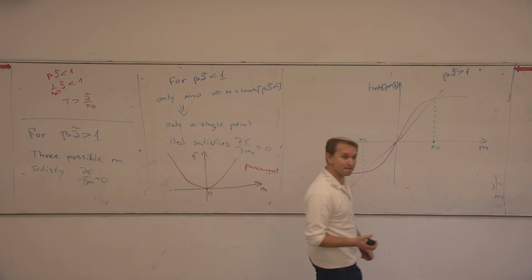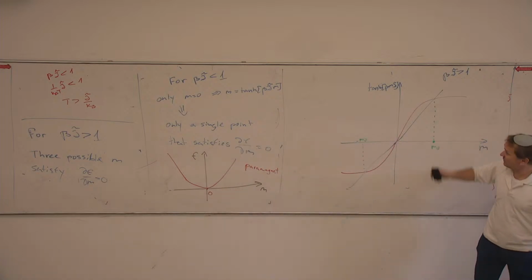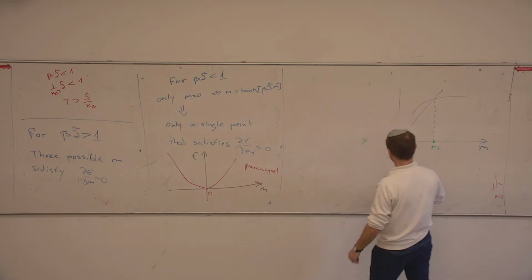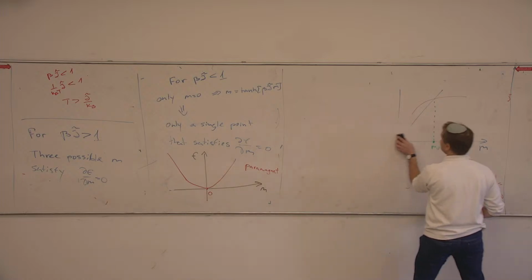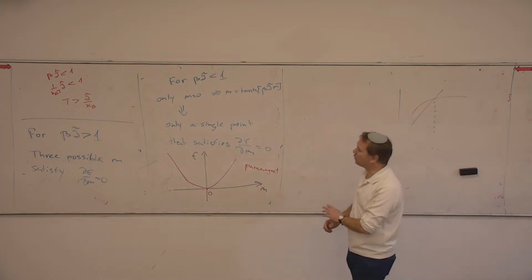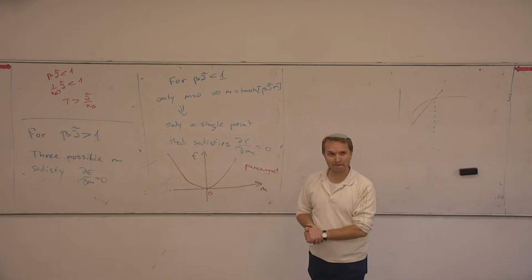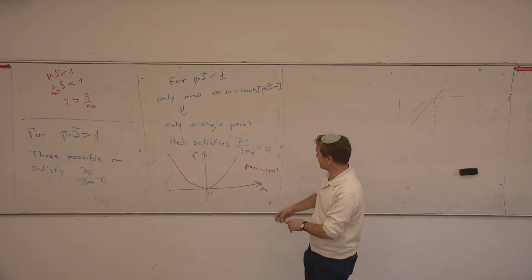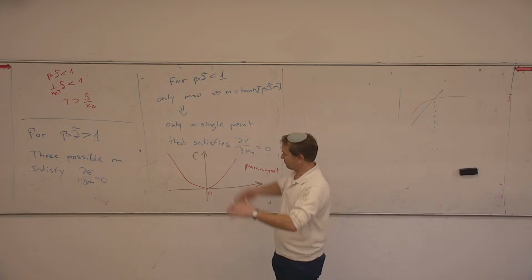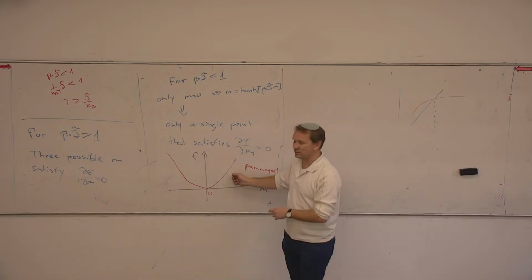Okay, any suggestions? What should we do? Yes? I think we know that in infinity, there couldn't be any minima to the equation. What do you mean, in what infinity? In infinity of m. In infinity of m, okay. So we should expect f to explode. This is great, this is what happens.